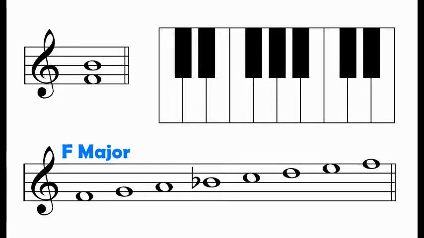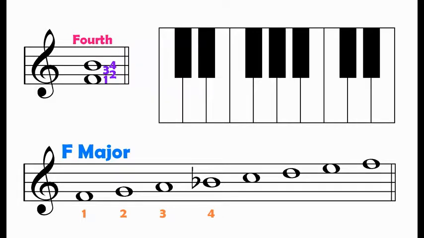If I count the notes starting with F as 1, I can see that I have an interval of a fourth. Both of these notes are naturals, so I could be fooled into thinking that they form a perfect interval. But when I check this interval against my F major scale, I can see that I have a problem. There is no B in an F major scale, only a B flat.